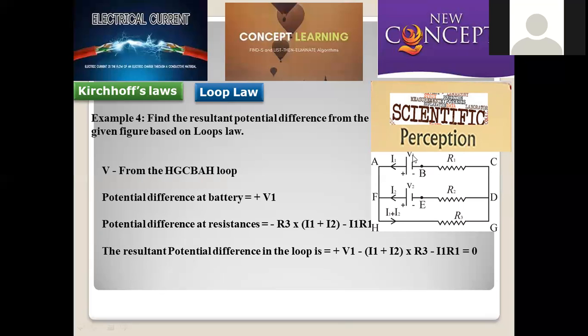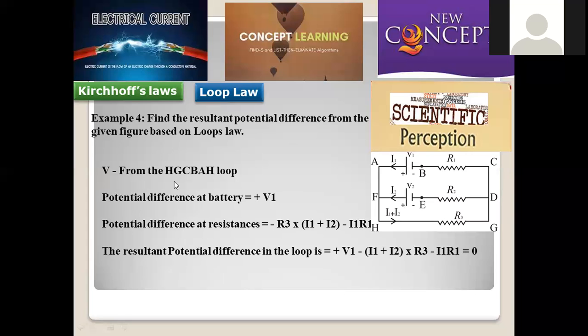And for the R1 resistor, the value will be minus I1 into R1. The algebraic sum of this entire loop, called the resultant potential difference of this loop, is given as plus V1 minus R3 times I1 plus I2 minus I1 R1. So when we take all these sign conventions, the ultimate value will become 0.